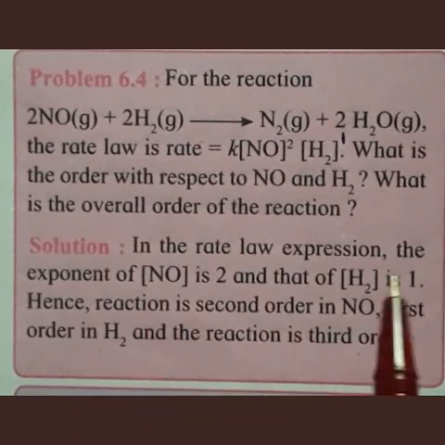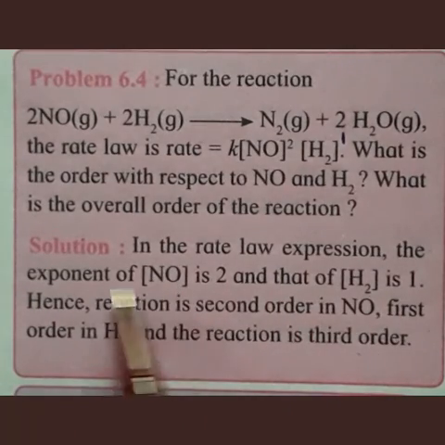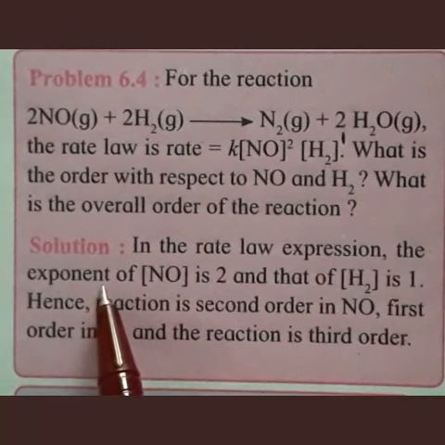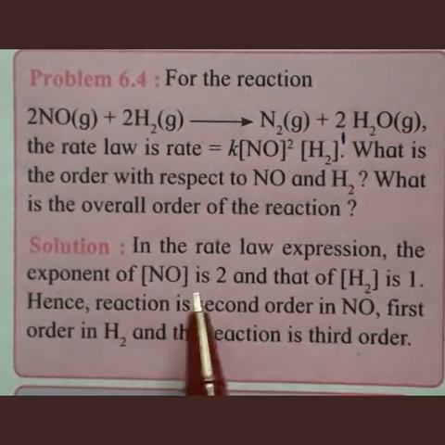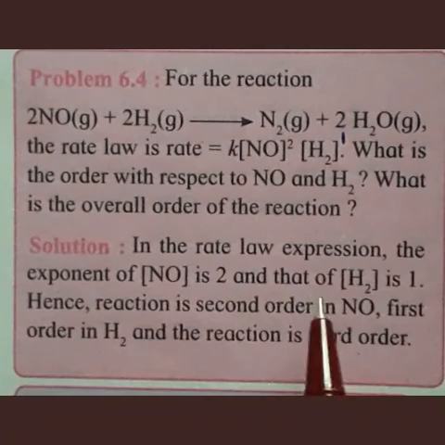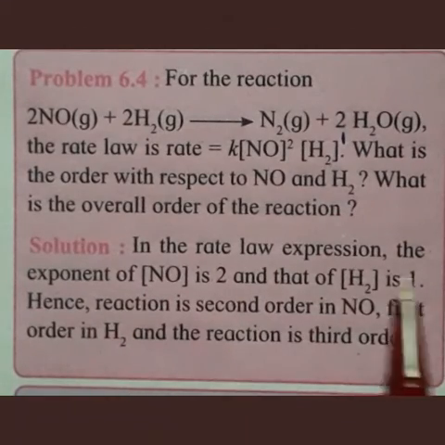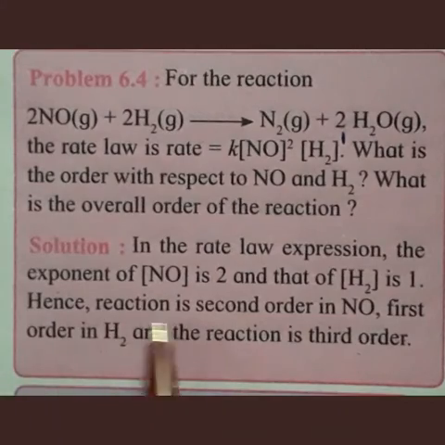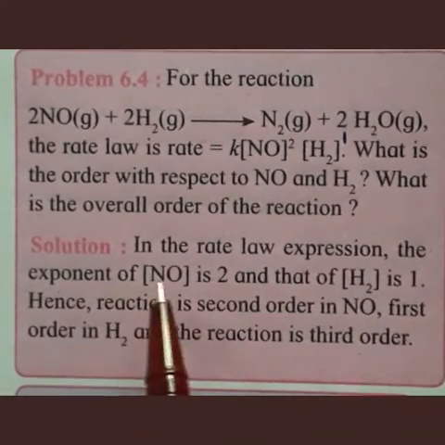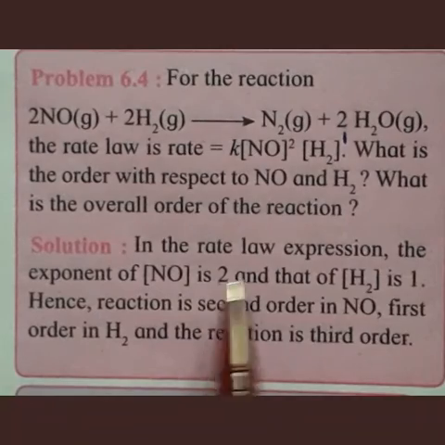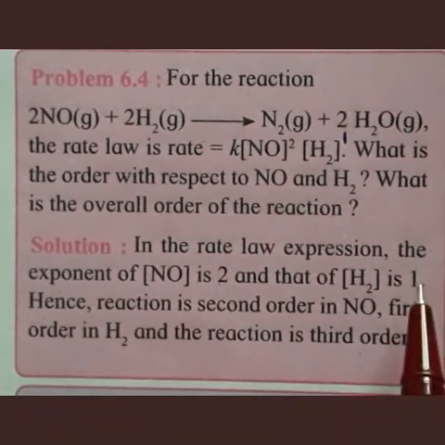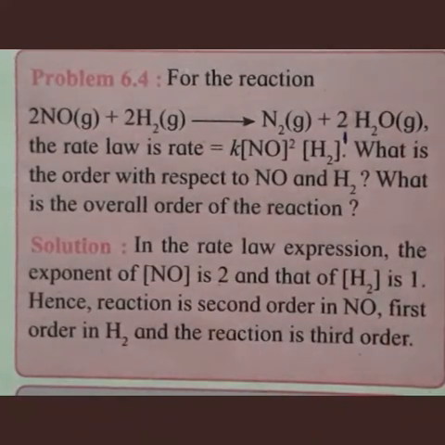In the rate law expression, the exponent of NO, exponent means power or index, you have studied in mathematics, the exponent of the concentration of NO is 2 and that of hydrogen gas is 1. And overall order of reaction is 2 plus 1 is 3. Hence, the reaction is second order with respect to NO, and with respect to H2 gas, first order. Overall order is 2 plus 1, 3. That is third order.